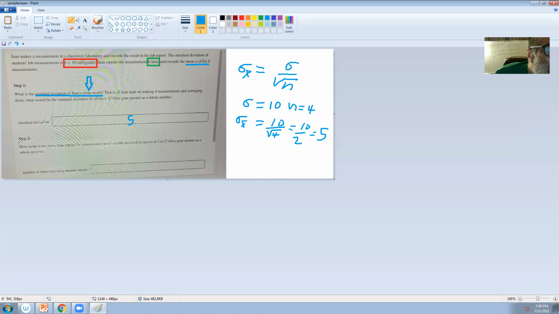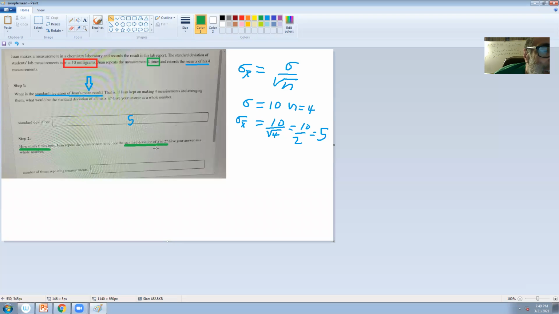Now let's take a look here. How many times must one repeat the measurement to get the standard deviation to 2? Give your answer as a whole number.